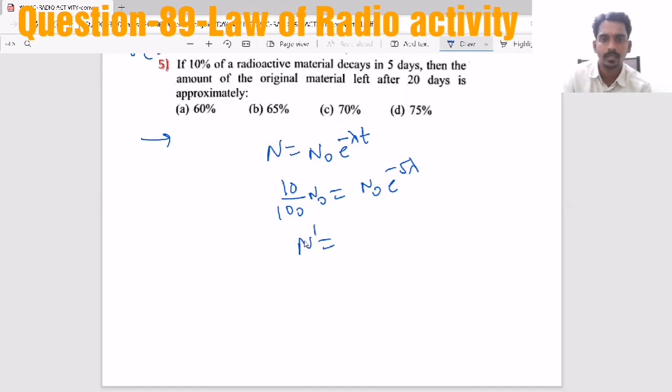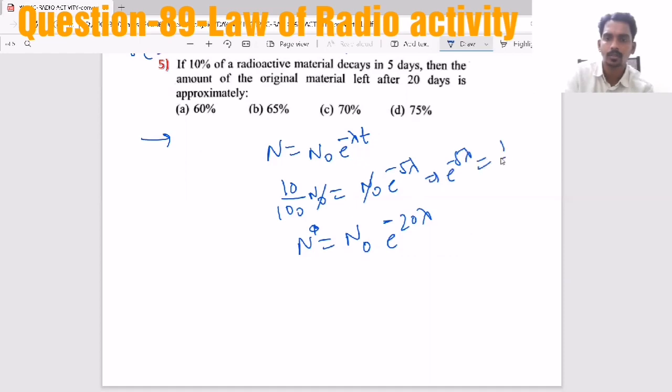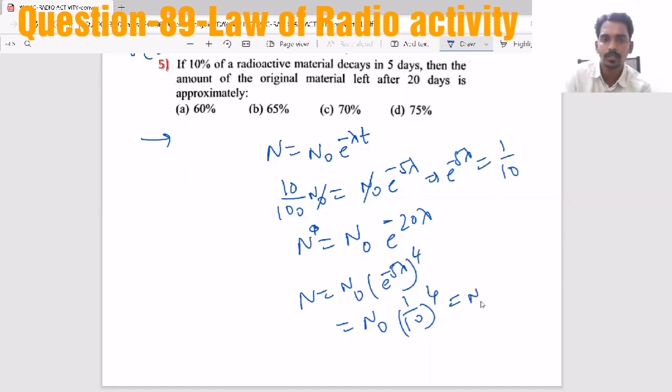Let's take N equal to N naught into e power minus lambda into 20 days. From the first equation we get e power minus 5 lambda equal to 1 by 10. Now N equal to N naught into e power minus 20 lambda, I can write as e power minus 5 lambda whole power 4. So N naught into 1 by 10 whole power 4.